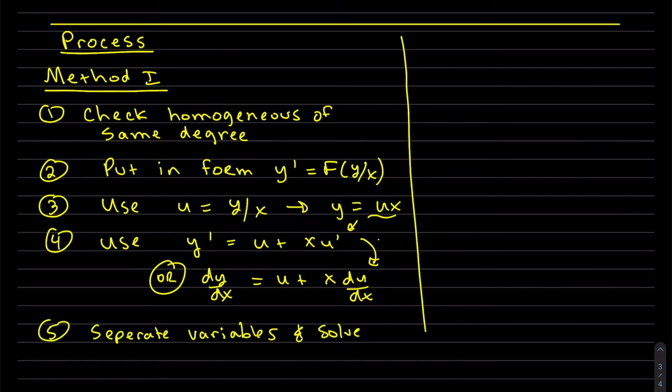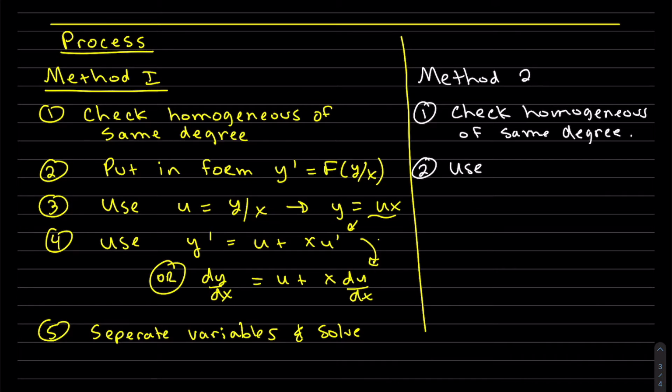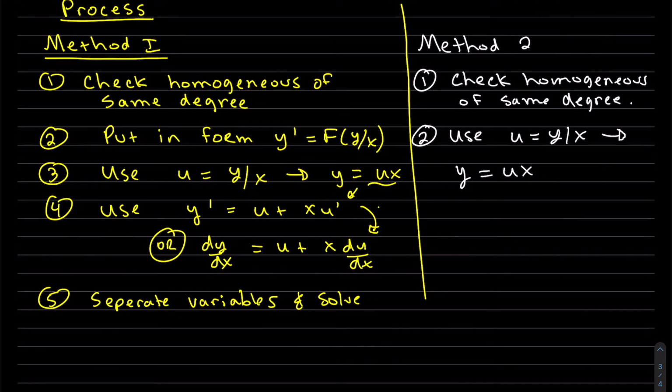Method 2. So we're going to check, same first step. We're going to use the same substitution, change it to y equals ux, but we're going to use the differential form. So we can take the derivative of both sides, just like you do in Calc 2 when you do a u sub in integrals. Take the derivative of y, it's dy, and we still do the product rule.